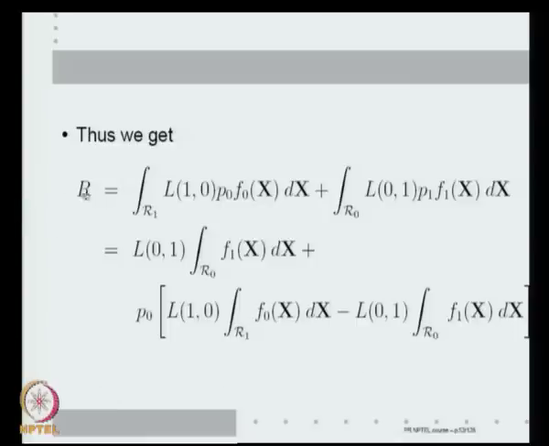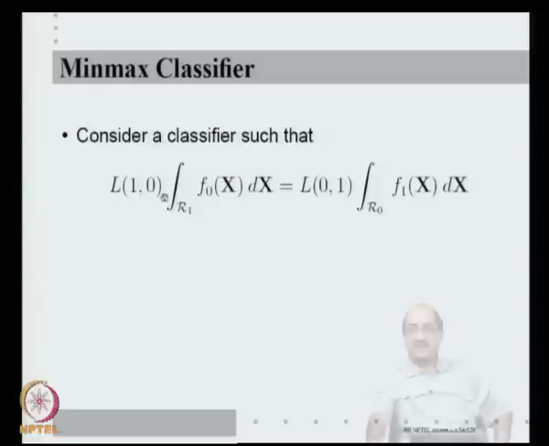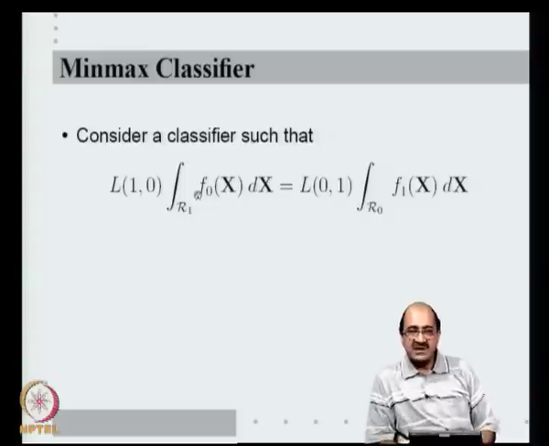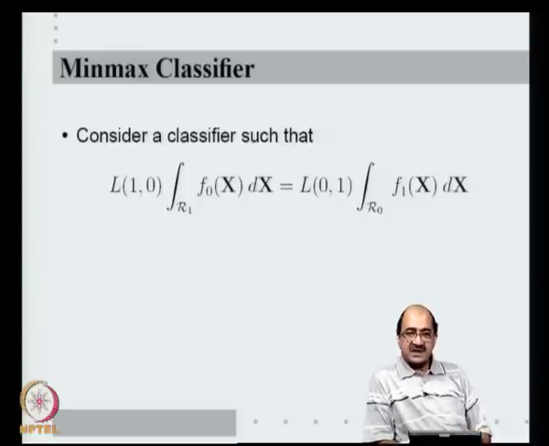For that classifier, the risk will be independent of the priors, right. So, consider any classifier. What do we mean by design of a classifier? Once I design a classifier, I have designed a function from the feature space to the set {0, 1}, because we are considering a 2 class problem.